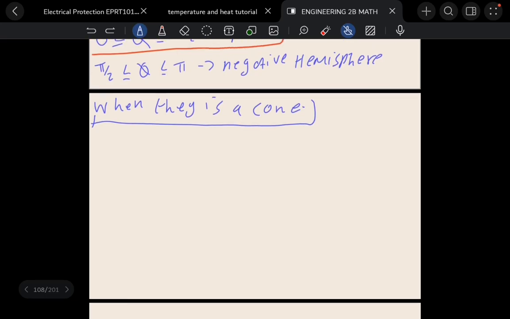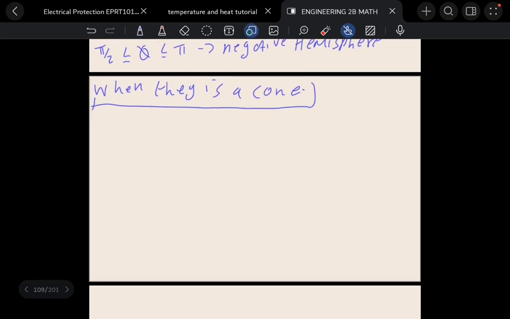Now, when there is a cone present, let me just draw it, a cone that is a perfect 90 degrees.